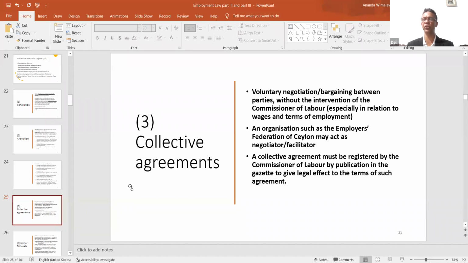Through the bargaining process, the parties come to a level of agreement.